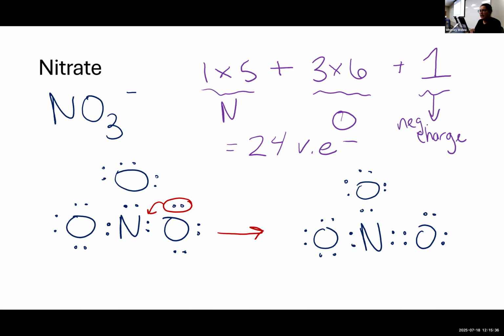And it would look something like that, where this oxygen has a full octet, the nitrogen has a full octet, and each of the other oxygens have a full octet.